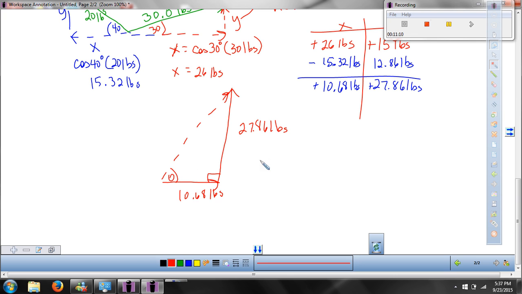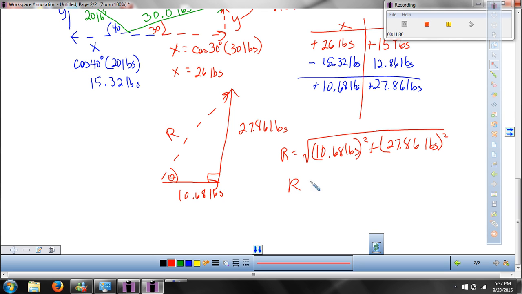There's my theta. So R is going to be the square root of 10.68 pounds squared plus 27.86 pounds squared. So when I did that math, I got 29.83 pounds. Now I need the direction, so I'm going to find that theta.